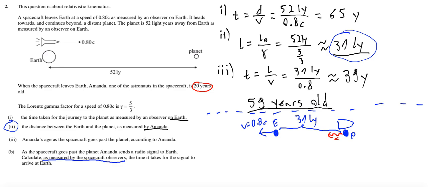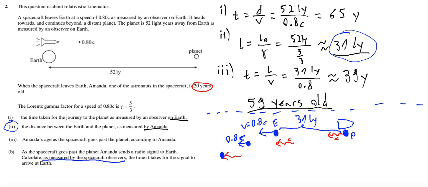When the radio signal is here, Earth is displaced, far away from this position because Earth travels with speed 0.8 c. Of course, the distance between radio signal and Earth is reduced all the time, and finally this radio signal catches the Earth. And we have to find this.